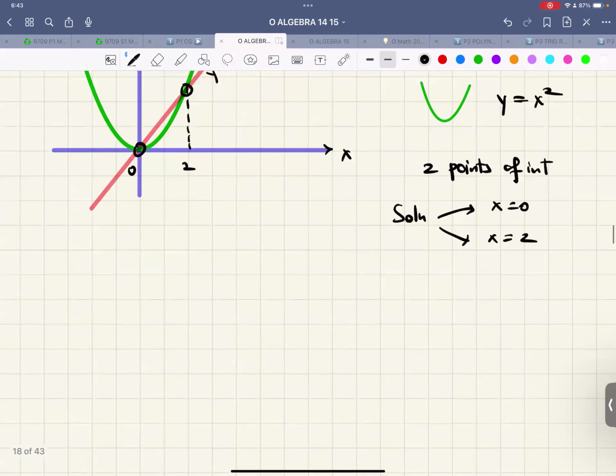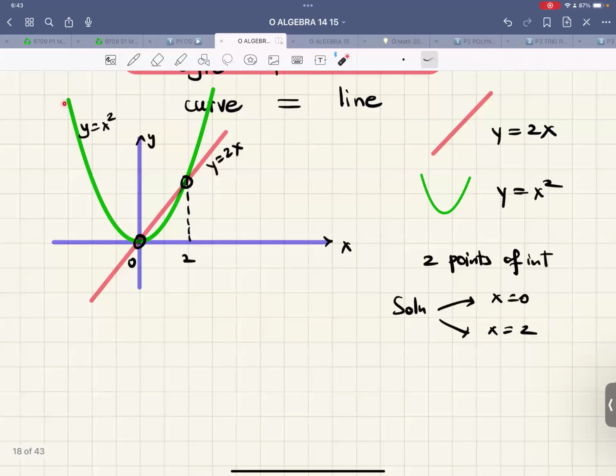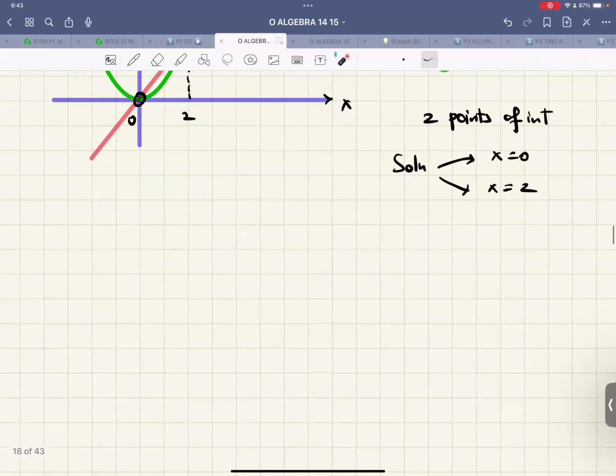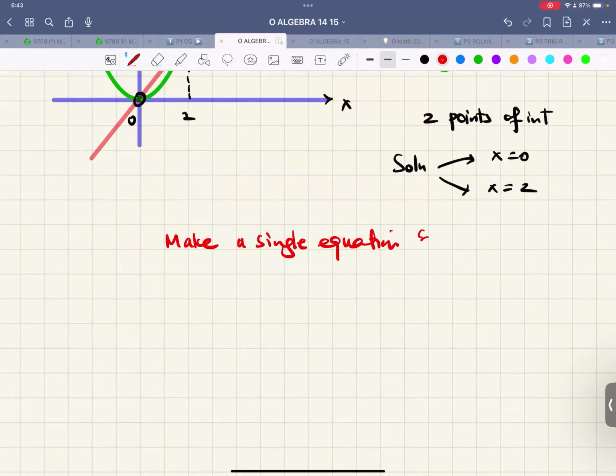This is one thing. Basically, if I make you draw the curve y equals x squared, then I make you draw the line, they are intersecting at 2 points. Now, another approach. If I say make a single equation and find the solution of that equation.